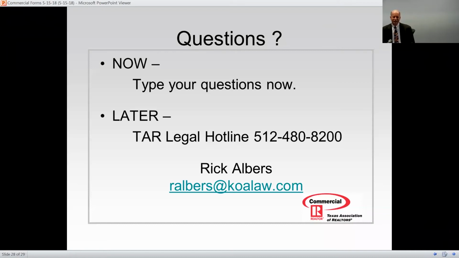The question is, does the rule about the licensee having to use the types of forms that I talked about, having to bring those forms to the transaction, apply if the licensee is a principal in the transaction?